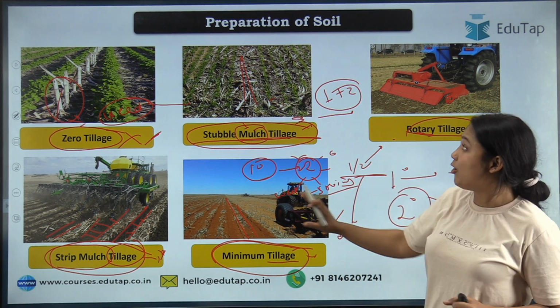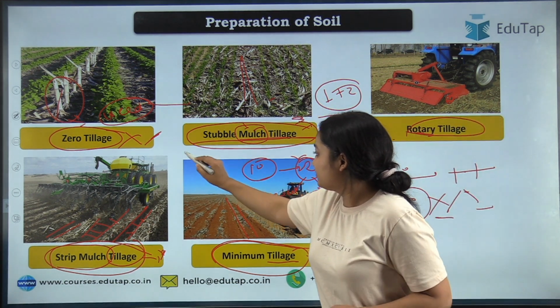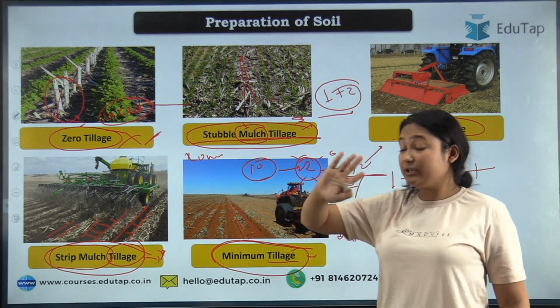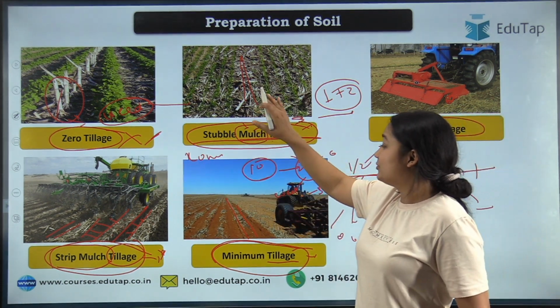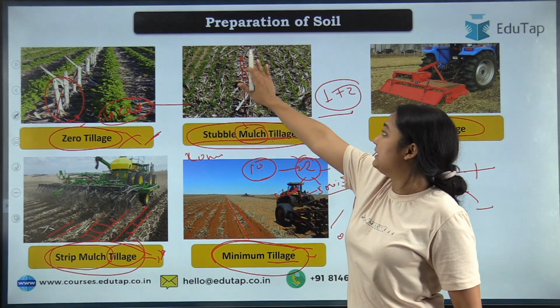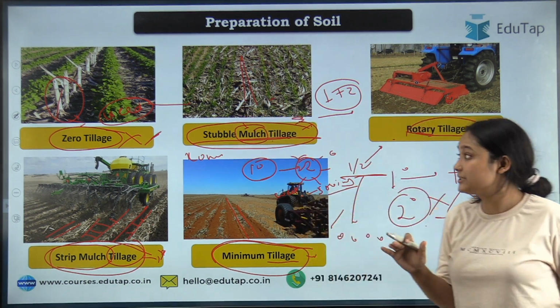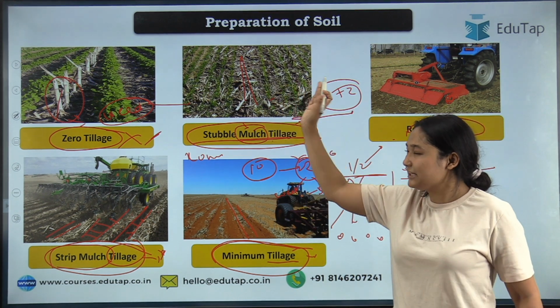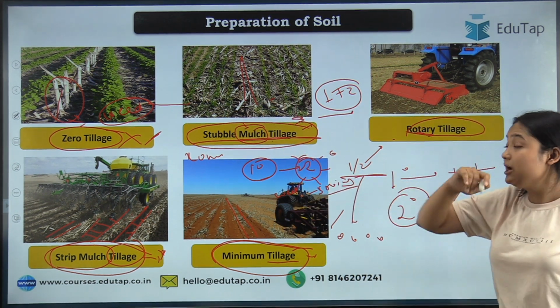So these are all your conservation tillage types. Either zero tillage, which means you will do no tilling at all. In mulch tillage, you will leave the mulch in the field, stubble in the form of mulch. Mulch means crop cover, soil cover. It will cover your soil and prevent moisture loss.